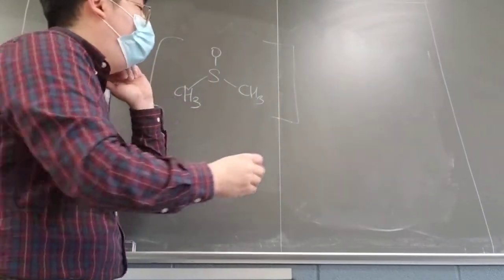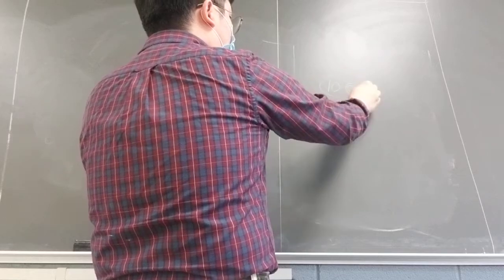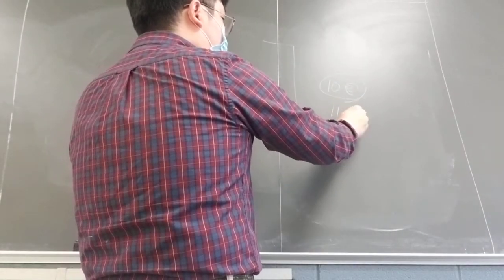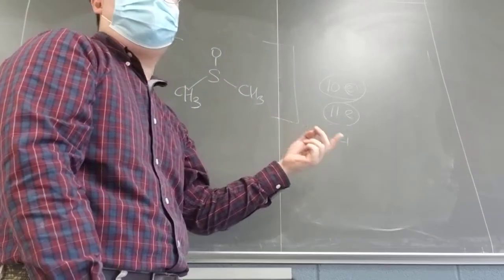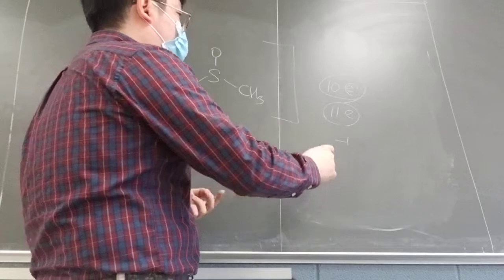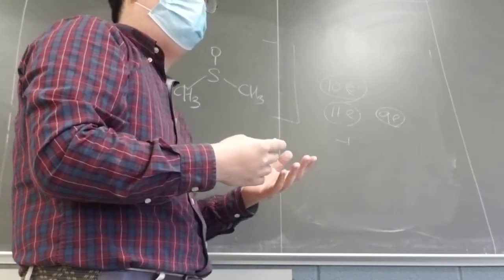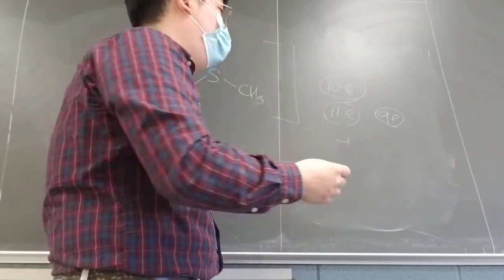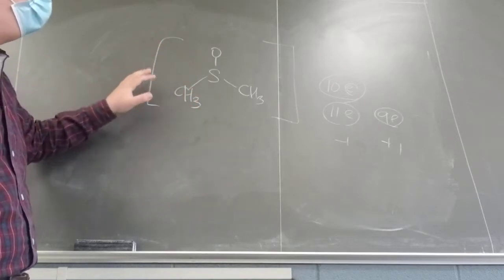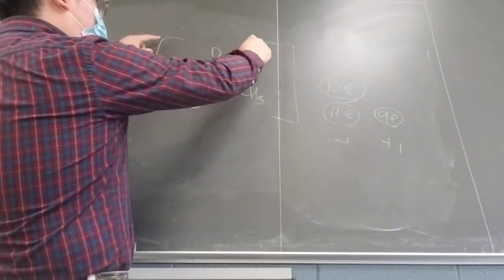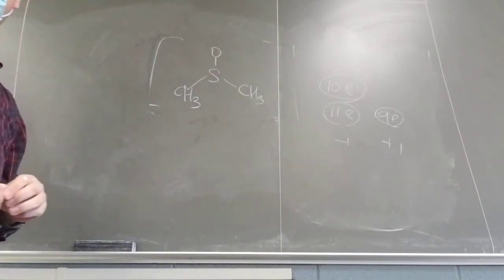So if you have 10 electrons that should be around your compound, but you have 11, the formal charge of the compound will be -1 because you have 1 extra electron, right? But if you have 9 instead of 10, meaning you're losing 1 electron you're supposed to have, it will become positively charged. So normally what we do is put brackets here, so you can show an overall charge on the compound, okay?